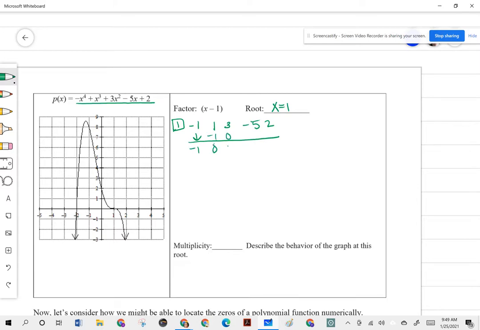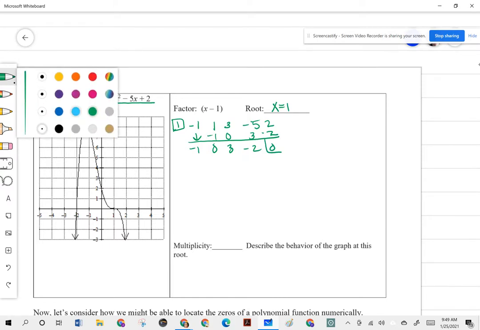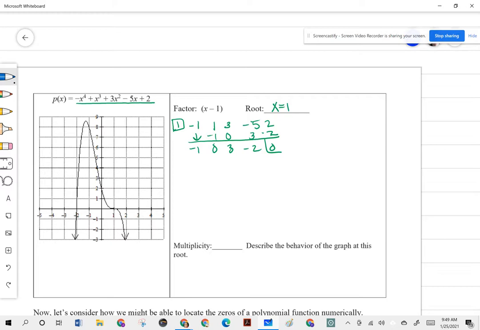And I'm just going to perform my synthetic division. So we already know that this is a 1. It's kind of what we were given. So now what we're going to do is do it again, but with this information, right? So -1, 0, 3, -2. Okay, we're taking this and we're doing it again.